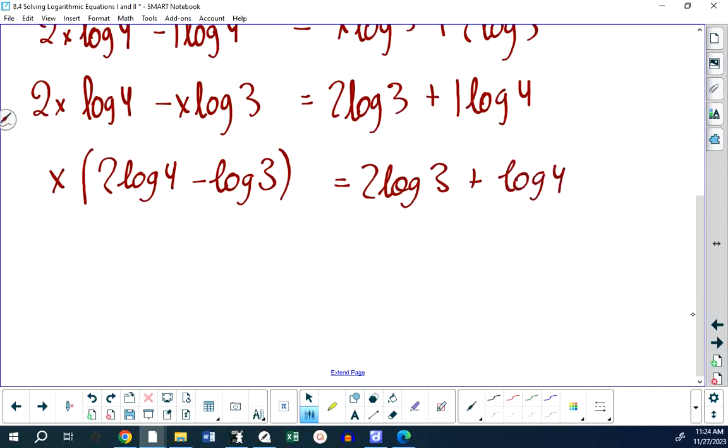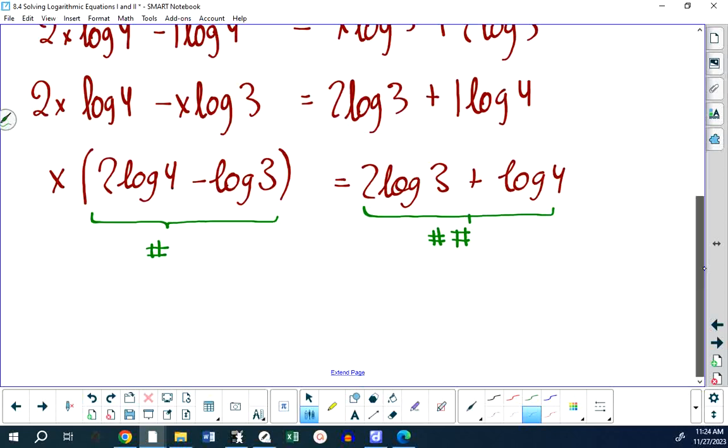And, you know, along the same lines as what we talked about before, I don't know if it was in this lesson or an example from yesterday, from last class, this is just a number, right? This is just some other number. So you have x times a number equals another number. Just divide by whatever x is being multiplied by, and you have your answer.